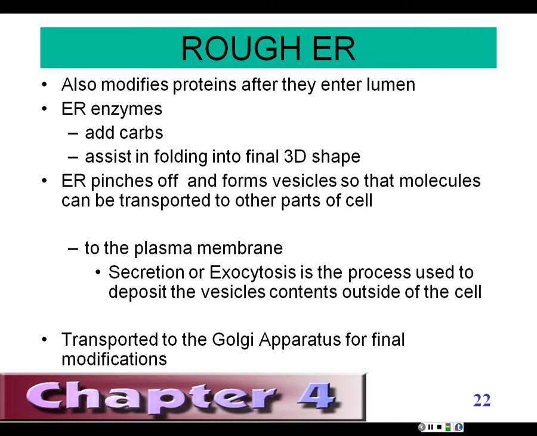Cool beans? So it hits a cis and then a trans side. So the Golgi has what's called a cis and a trans side. All right. So again, we said most everything, proteins especially, because this is a protein processing center. Does it go through changes each time it goes through a different layer? Possibly, yes.